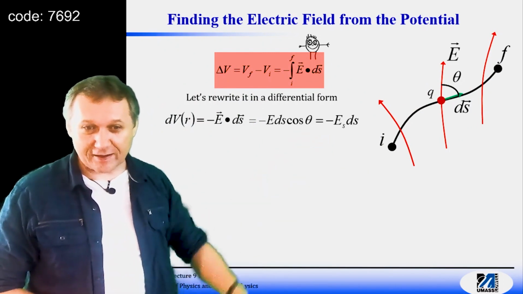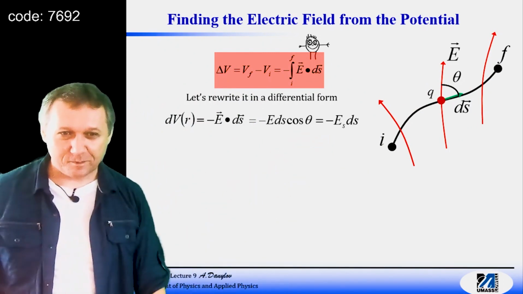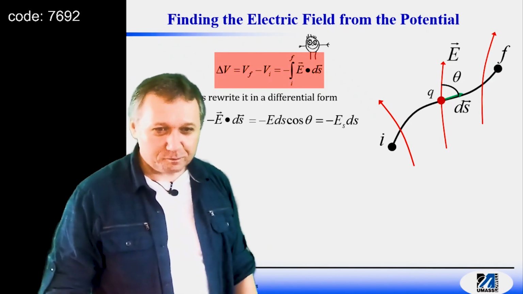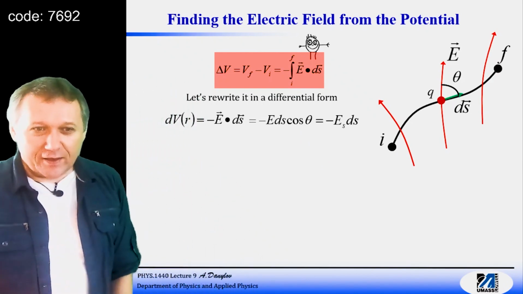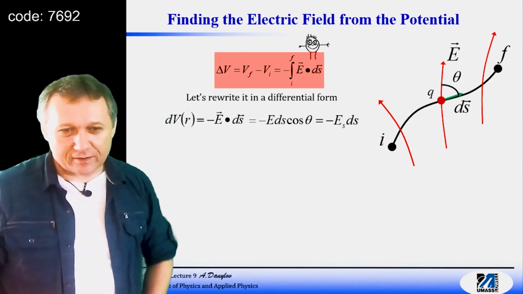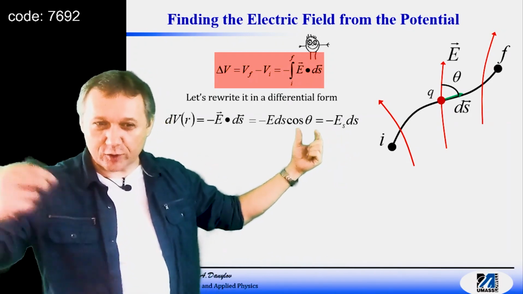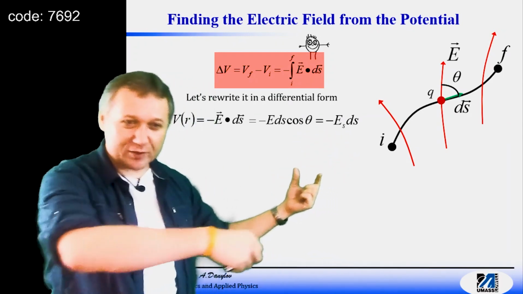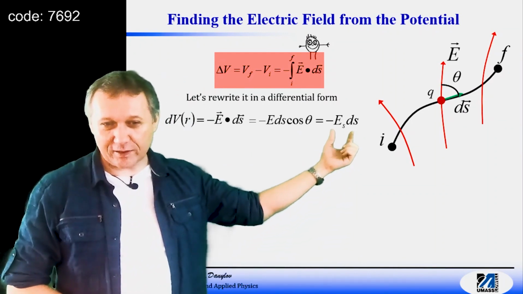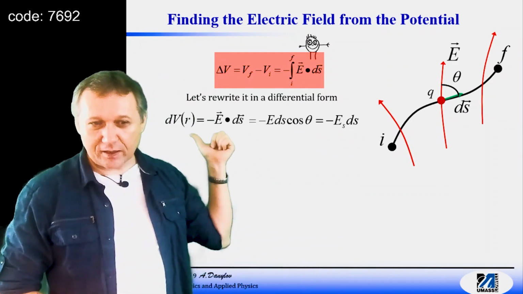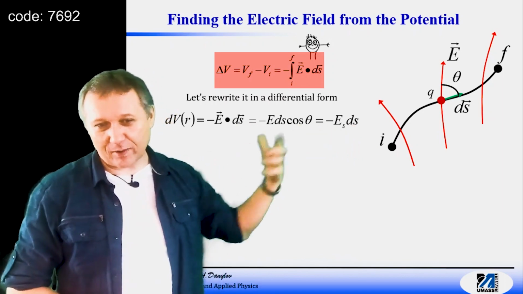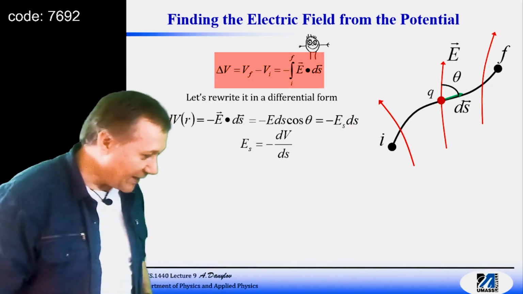So I can write E sub s ds, of course, with a minus in front. Now, let me solve it for E sub s, because that's what we want. We want to move from the electric potential to the electric field. So it will be minus dV over ds.